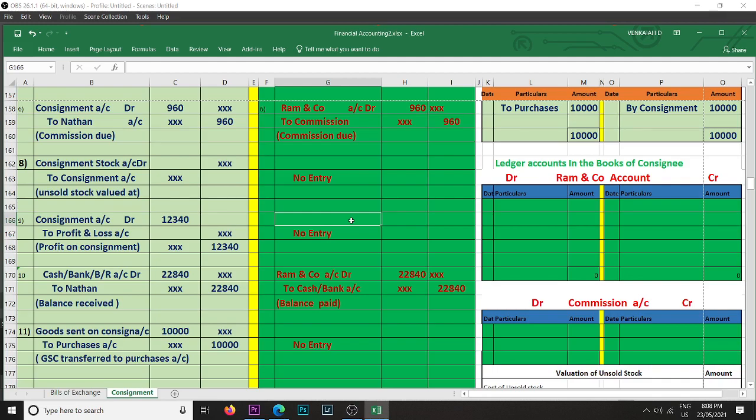Okay, students. So just we will pass one adjustment entry, that is commission account debit to profit and loss.